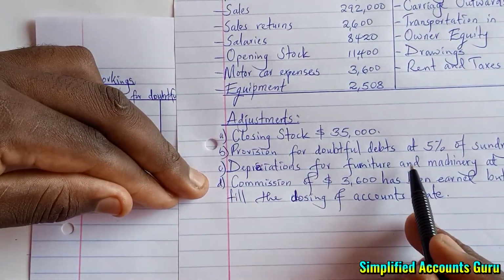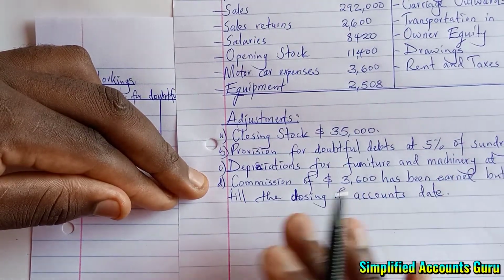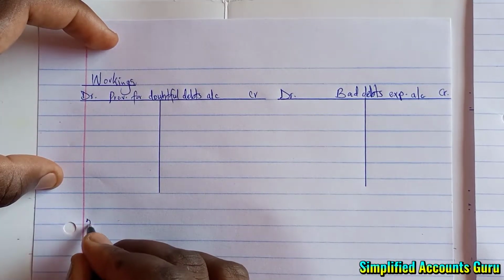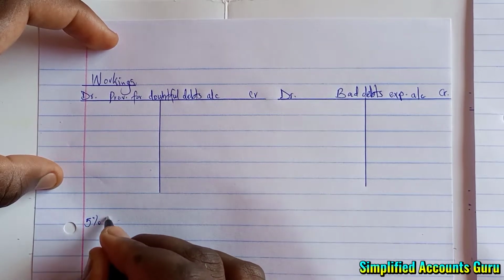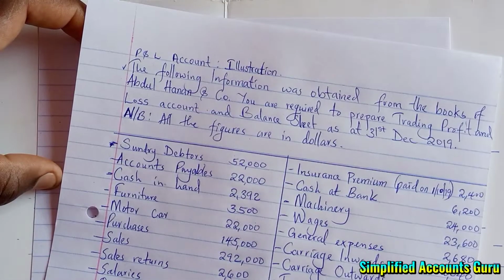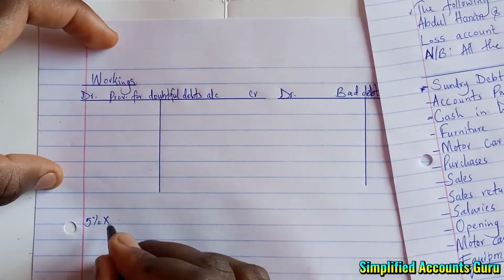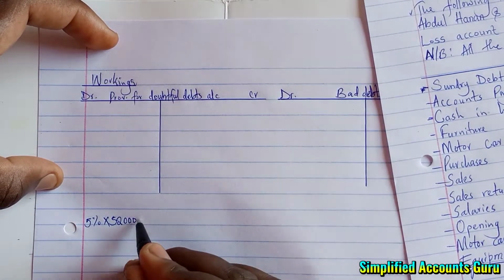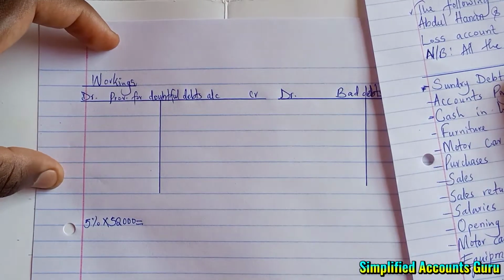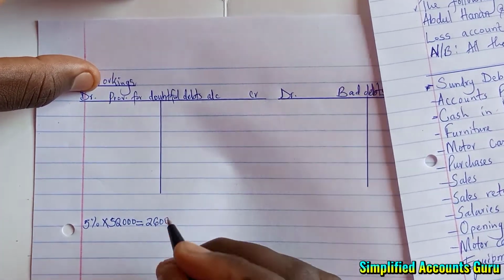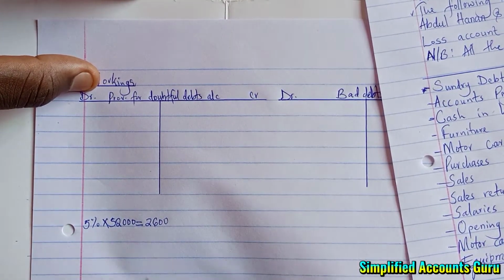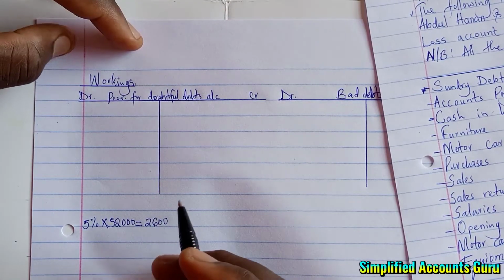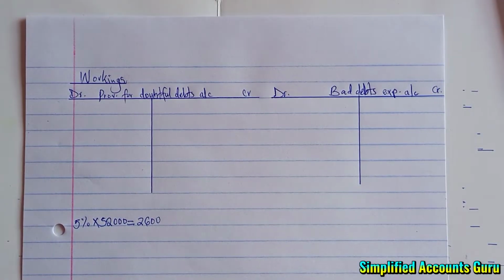Provision for doubtful debts, 5% of sundry debtors. So we can have here 5% times sundry debtors, which is $52,000. 5% times that should give us 2,600. So this is the doubtful debt that we are having. When expenses go up, we are supposed to debit.